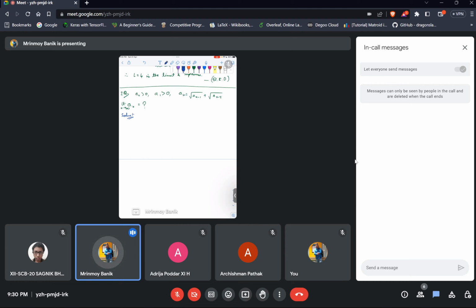So for this one, again we have to show monotone increasing first and then boundedness. So very similar kind of problem. So okay, let's try it out then.